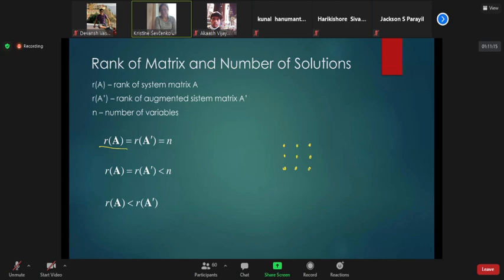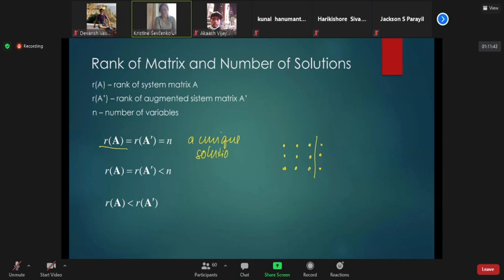And then the augmented matrix, of course, has to have the same rank. It cannot have a rank less than this, because we already have these non-zero rows. It would be this situation. This means there is a unique solution. A unique solution, one and only one, it means.